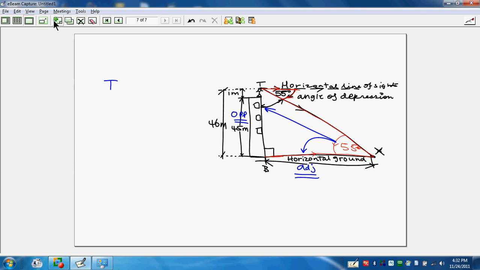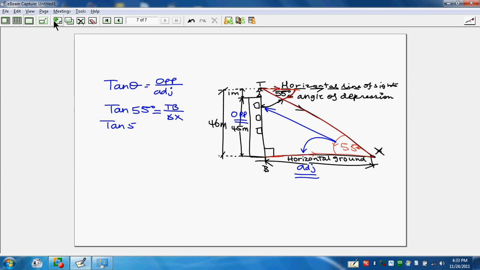So you write tan theta is equal to opposite over adjacent. In this case, theta will be 55 degrees, so we could write tan 55 degrees will be equal to opposite, which in this case is TB over adjacent, which is BX.